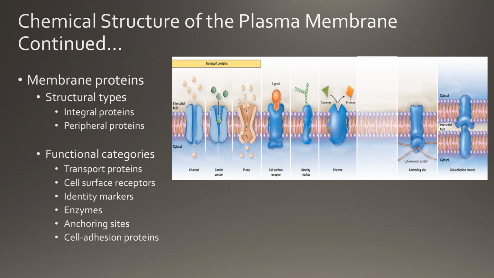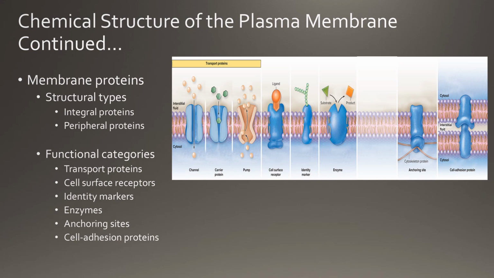Functional categories include transport proteins, which regulate substance movement across the plasma membrane. There are various types, including channels, carrier proteins, pumps, symporters, and antiporters. Cell receptors bind specific molecules called ligands. Ligands are molecules that bind to macromolecules.